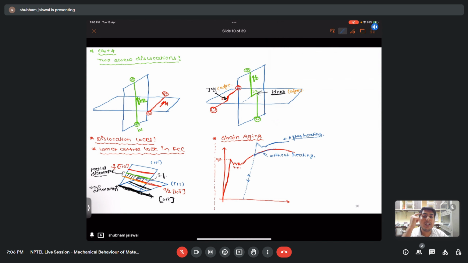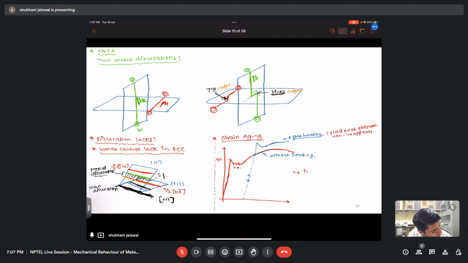The combination of strain hardening and aging is nothing but the strain aging. So what is happening here? Yield point phenomena reappears. And why is it reappearing? Because the solute atoms will diffuse to the dislocation core and create the Cottrell atmosphere, and that's why we are getting this yield point phenomena.